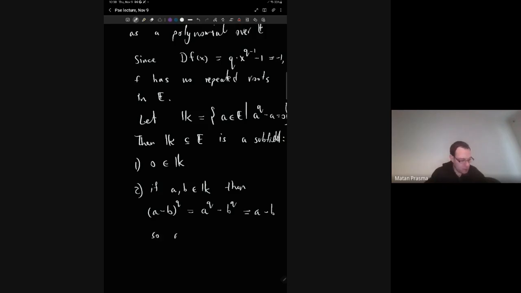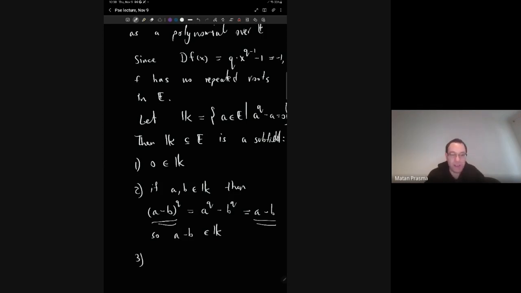So a minus b is indeed an element in K. I mean, (a minus b) to the q is a minus b. It means that a minus b is a root of the polynomial f. So here, in one go, I checked two of the axioms of a subfield, namely that it is closed under addition and under additive inverse.